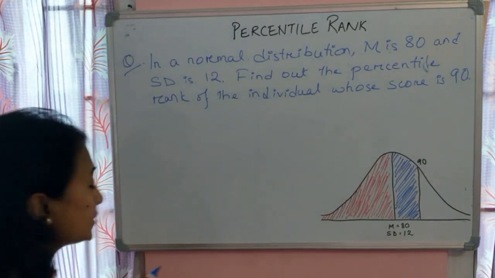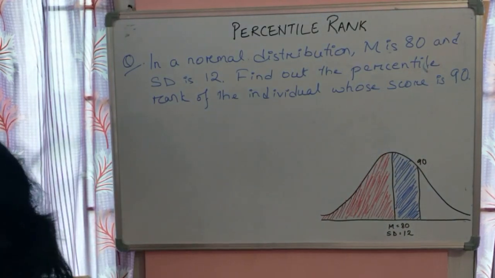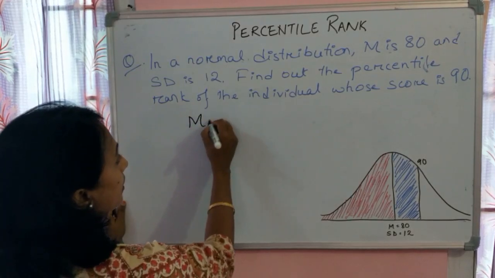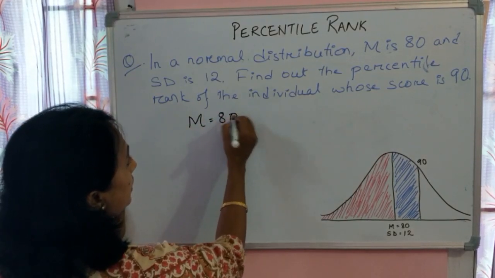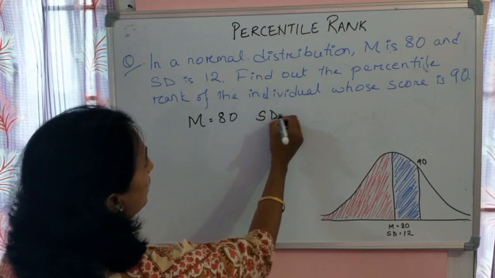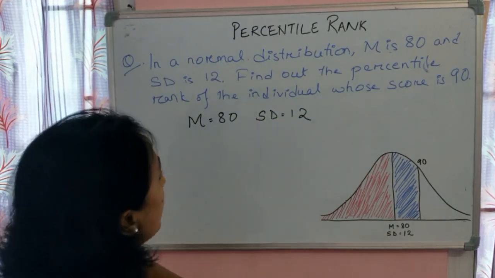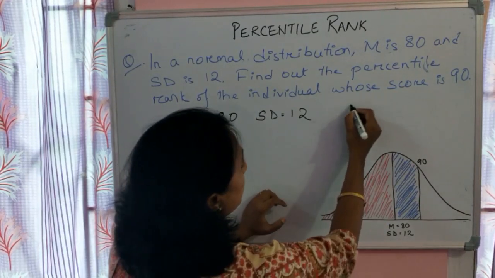Okay, so here again the data which we have is mean 80, SD 12, and X is 90.